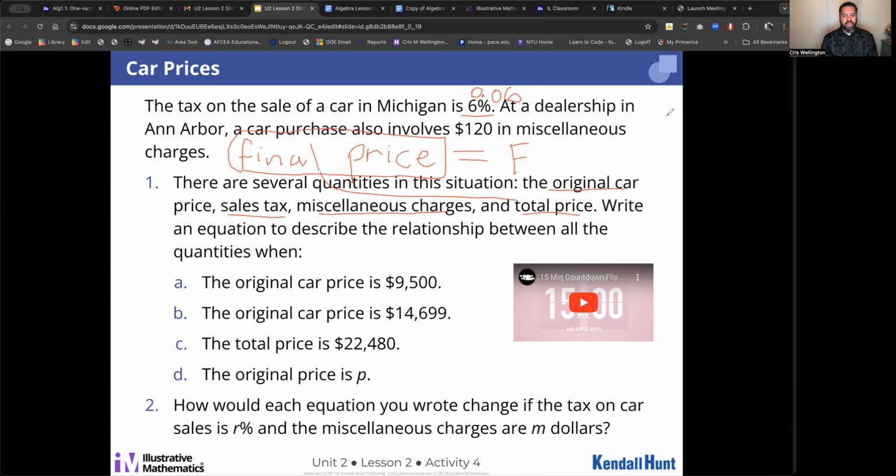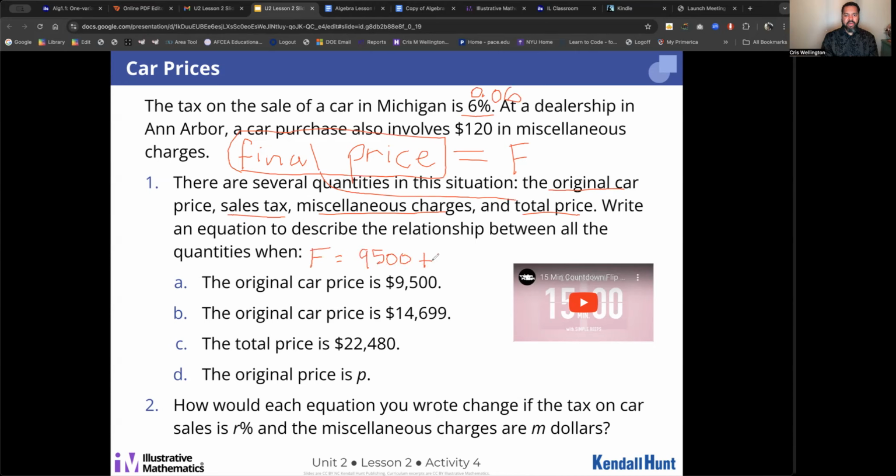So if we have a car here, we want to find out what the final price is going to be. An equation for the final price could be simply F is equal to the original price, 9,500, that's what you start with.